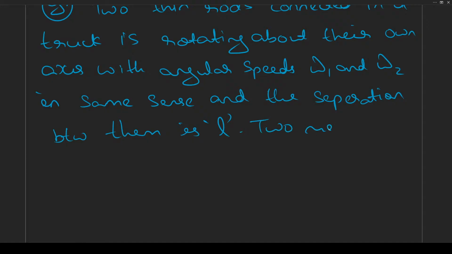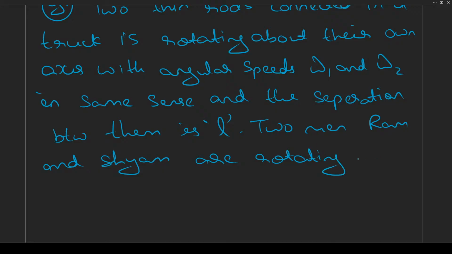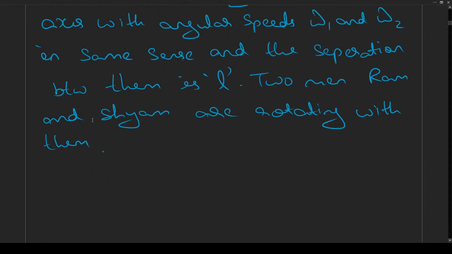Two men, Ram and Sham, are rotating with the rods as shown in figure. I will draw the figure.